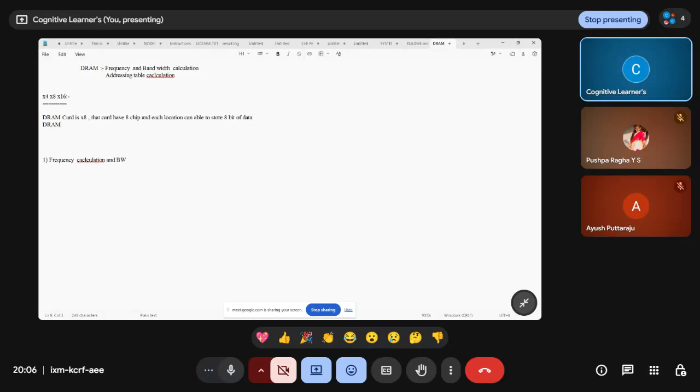In the same way, the DRAM card is cross 4.